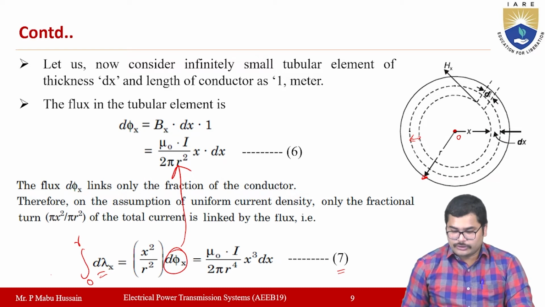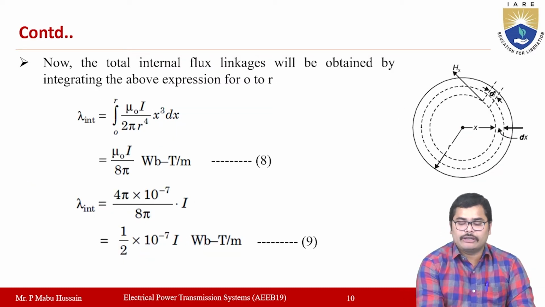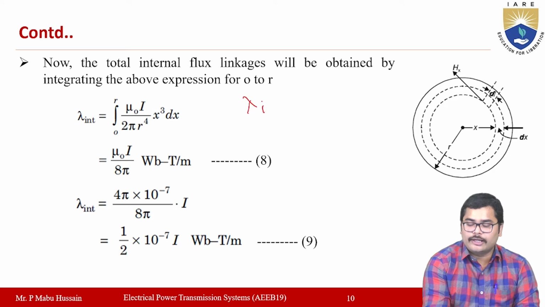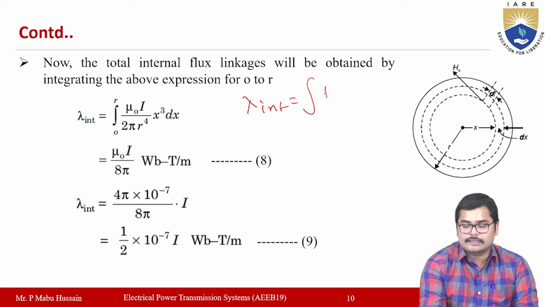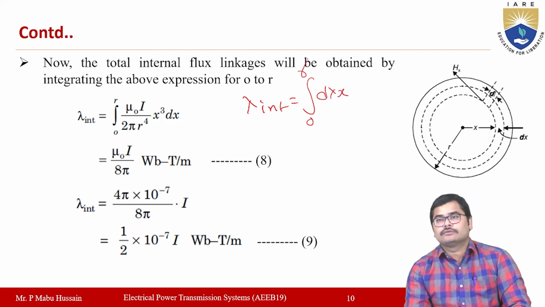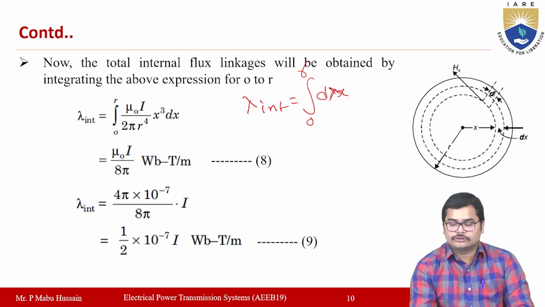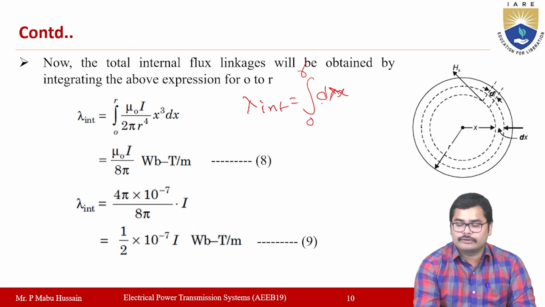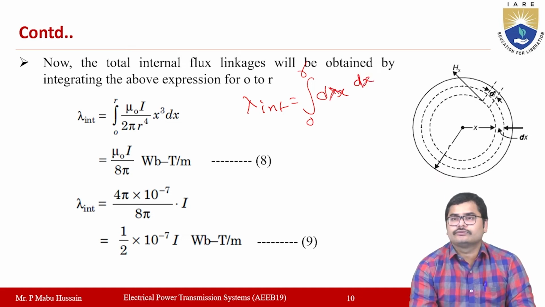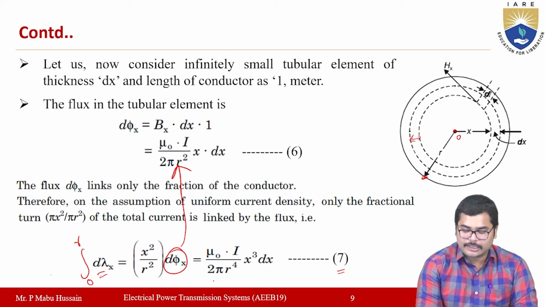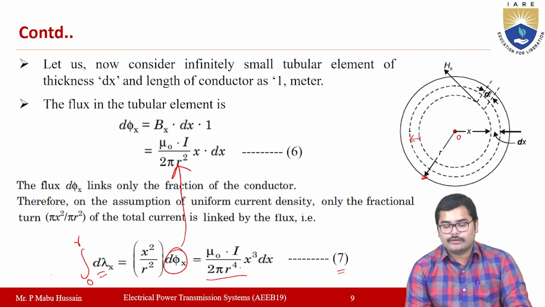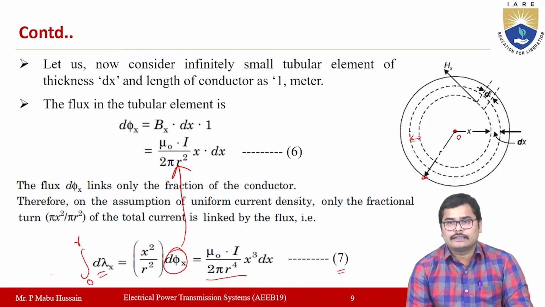So lambda internal will be equal to integrating d lambda x from 0 to r with respect to dx. The d lambda x is mu 0 I by 2 pi r power 4 into x cubed dx.